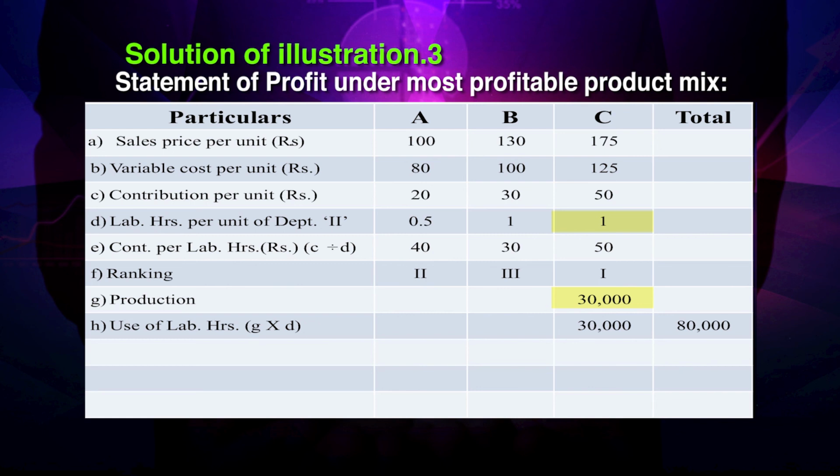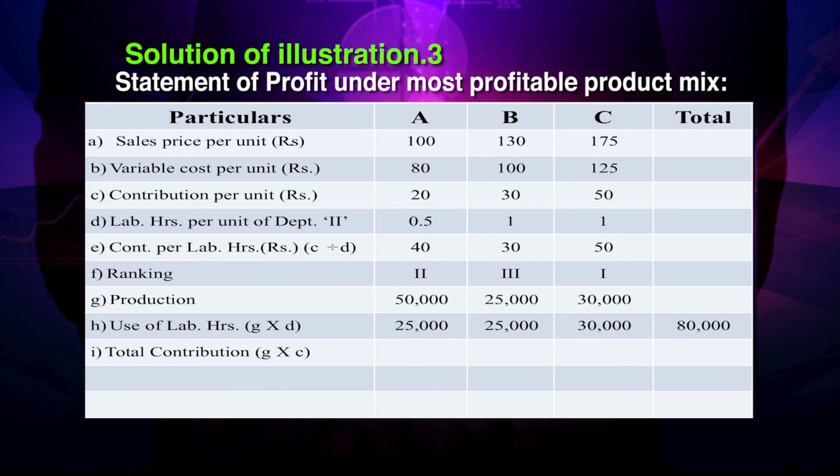Now, we will move to the second rank product, that is product A, where we manufacture maximum production of 50,000 units utilizing 25,000 hours of labor. Out of 80,000, we are left with 25,000 labor hours which we allocate to the third rank product, and from this we can manufacture product B 25,000 units only.